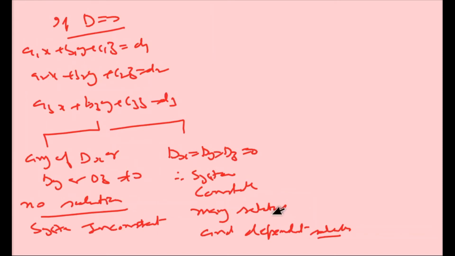Okay, so now if d equal to 0 and it is a homogeneous equation, what happens?